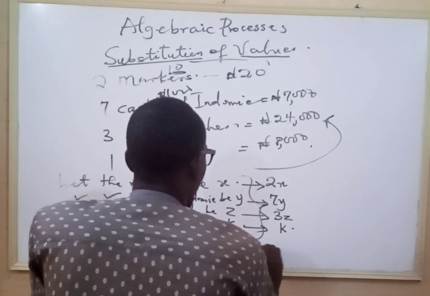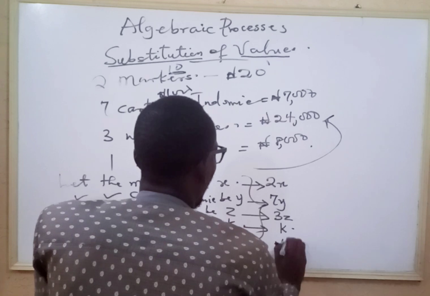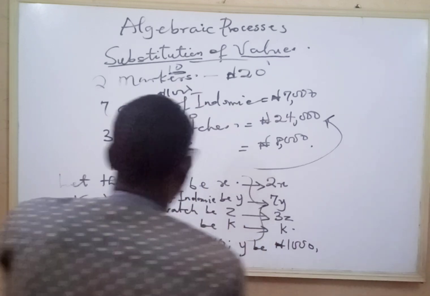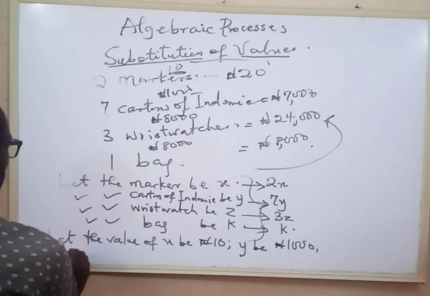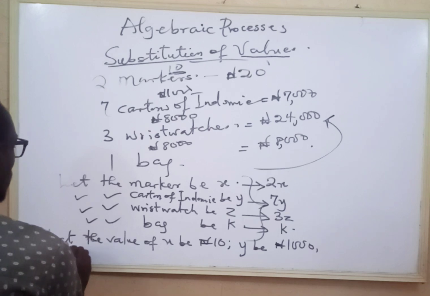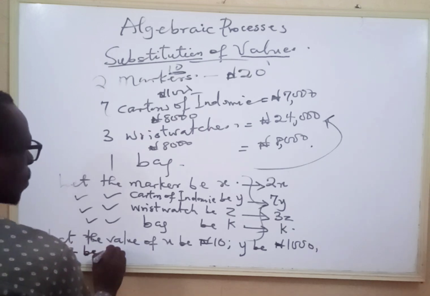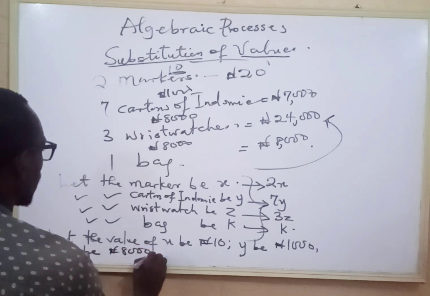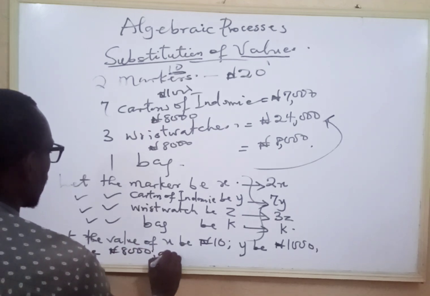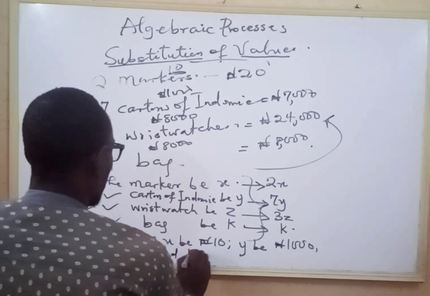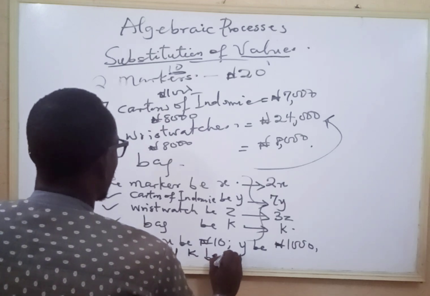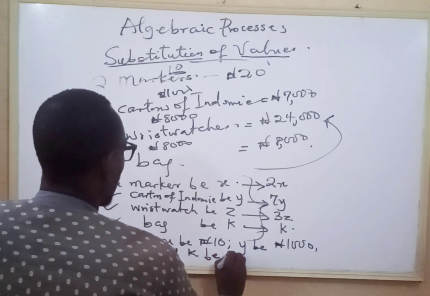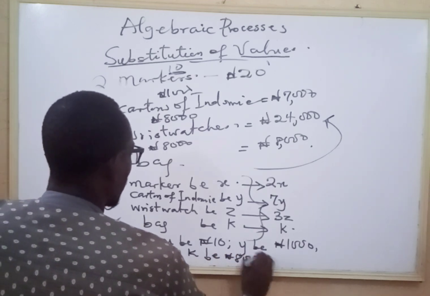Y be 1,000. The wristwatches Z be 8,000, and K be 8,000.